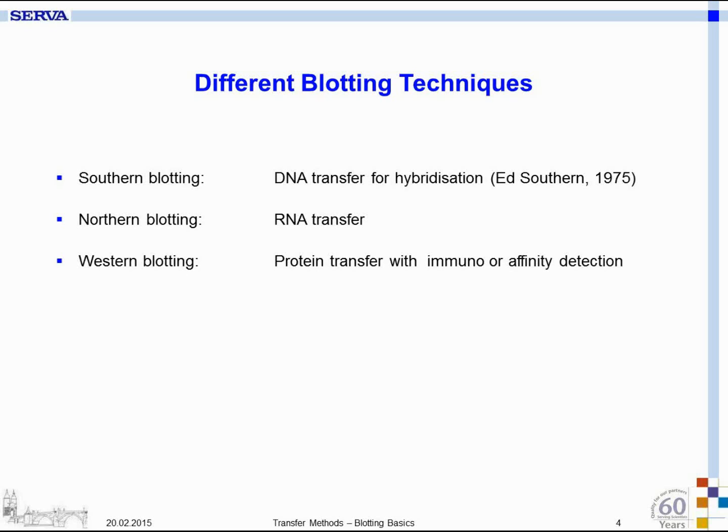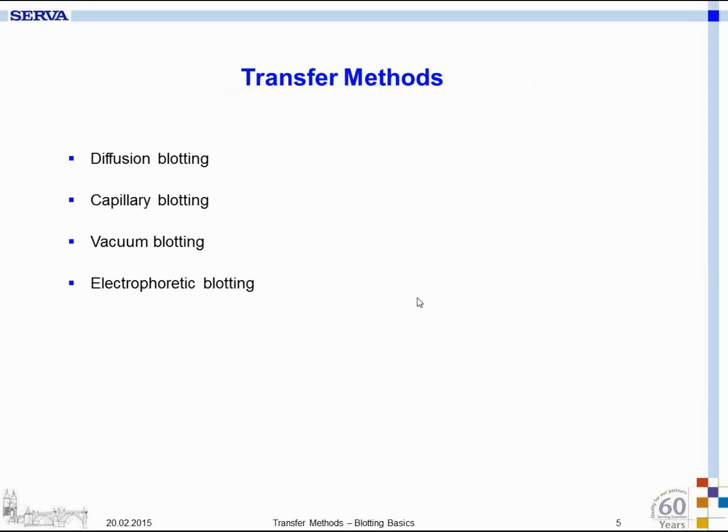There were some rumors about diffusion blotting, but there was, for a certain while, Far Western blotting. I haven't heard about this method anymore in the last couple of years, but what it described was a protein transfer for probing protein-protein interactions on a blotting membrane, so without immuno or affinity detection.